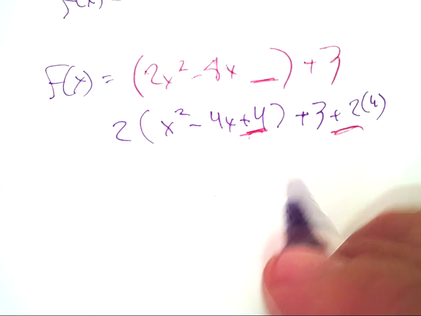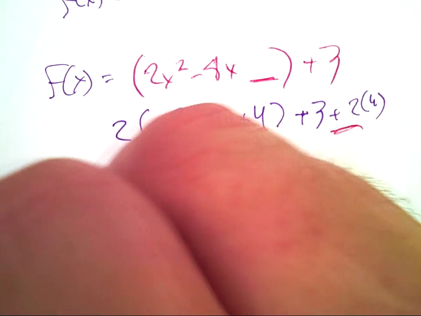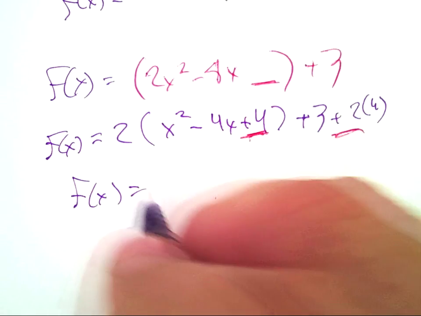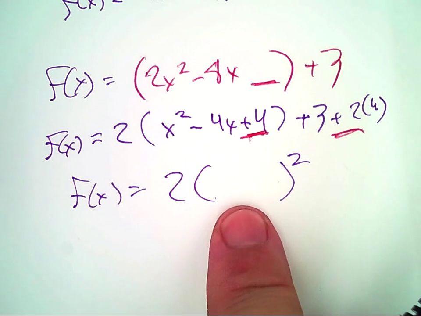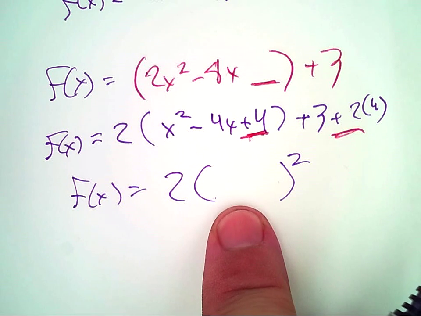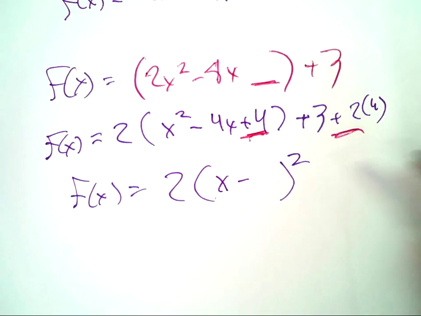And finally, we're going to take it, and it's going to be f of x. I should have written f of x equals 2. What goes into, what's our perfect square trinomial factor 2? X minus what? What was b divided by 2?